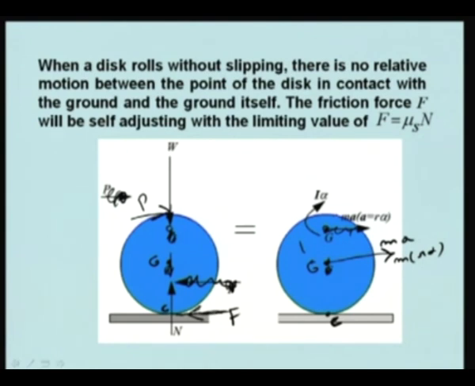Now when a disc rolls without slipping, there is no relative motion between the point of the disc in contact with the ground and the ground itself. So the point C is the instantaneous center of rotation. You get a friction force F also here, but this force is self-adjusting, meaning if you apply some force P, the same amount of resistance is developed here, with a limiting value of F equal to mu s times N, where mu s is the coefficient of static friction.